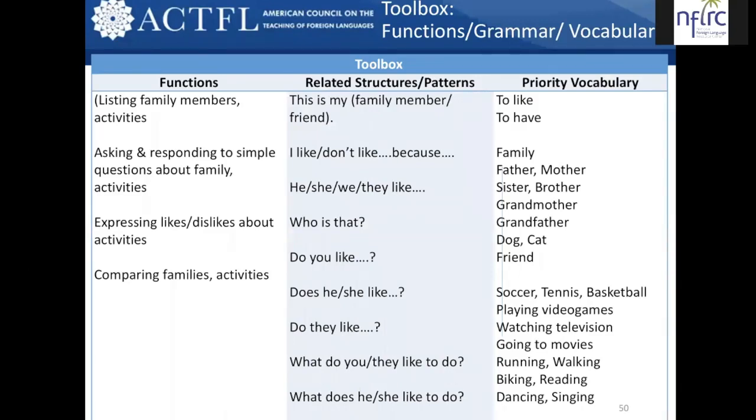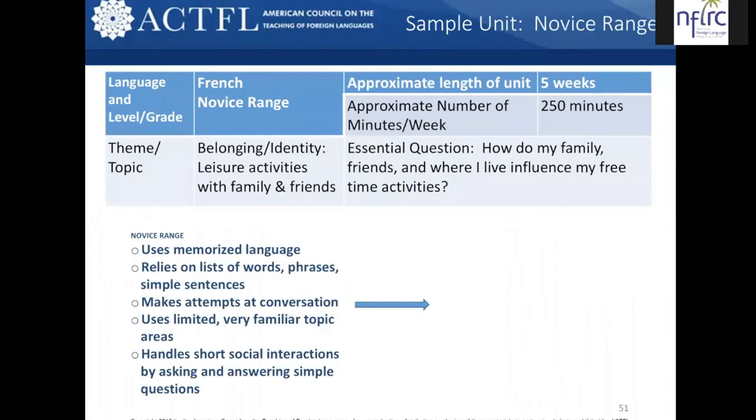The toolbox then moves on to the related structures and patterns that will be needed, and you can see on the right is a priority vocabulary. There are a variety of sample units that you can use to base your ideas, and there are lists of essential questions that you can get yourself grounded in, interesting essential questions to help hook these learners and help them to become engaged in their learning.